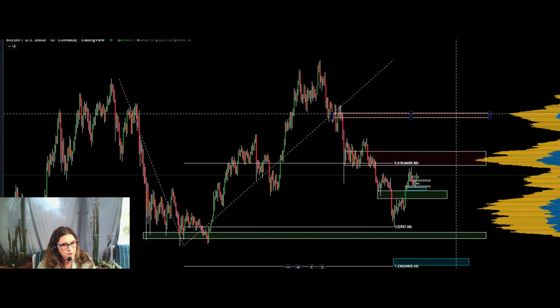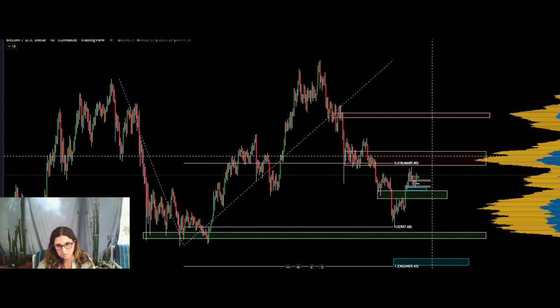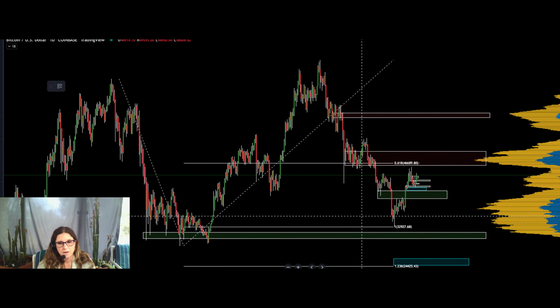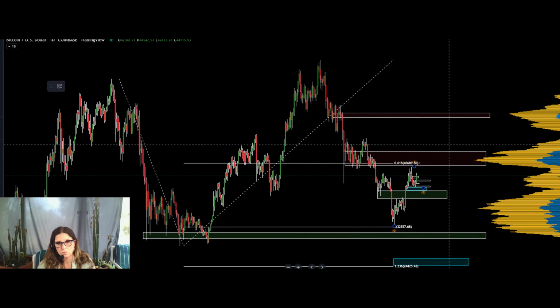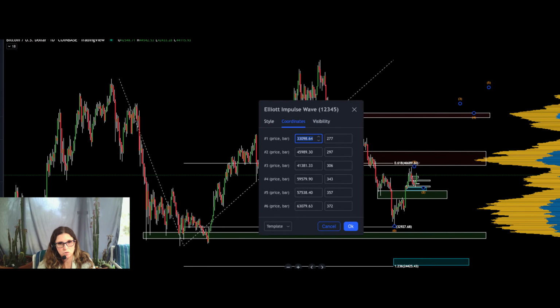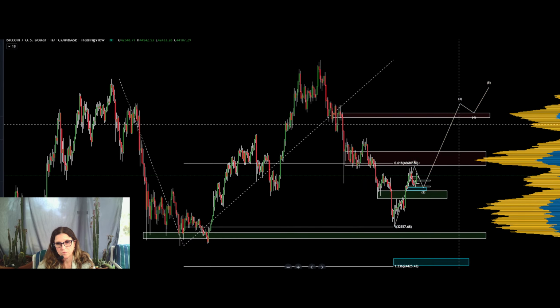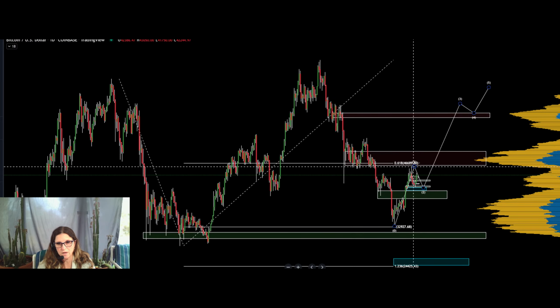But the only way that is going to happen is if we make a 5-wave move here. To start a big fifth wave, you have to make a wave 1, a wave 2, 3, 4, 5, okay? You have to. There's no way around it. That is what has to happen. So to start that off, you have to make 5 waves for your wave 1.